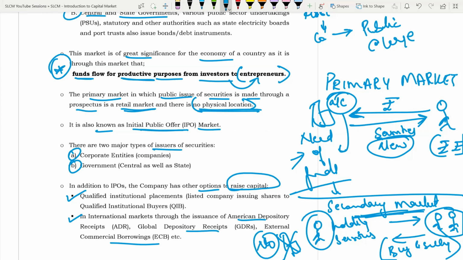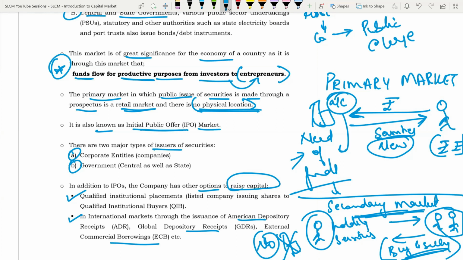Obviously, if there is more demand, the value of the shares increases, then market capitalization increases, and in that way the company's value increases. But with respect to monetary transactions, the company's involvement does not exist in the secondary market, because it is the investors among themselves who are buying and selling the securities that they already hold.